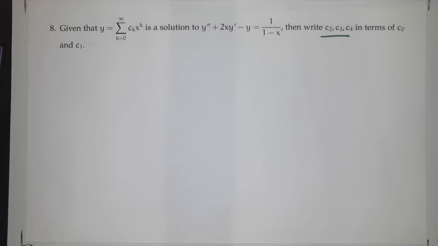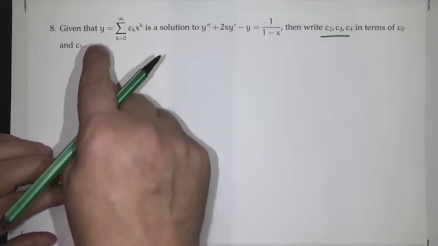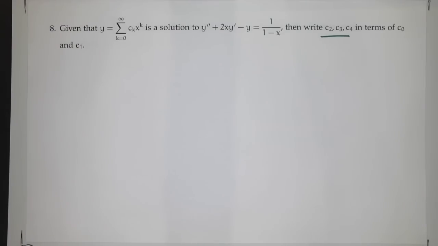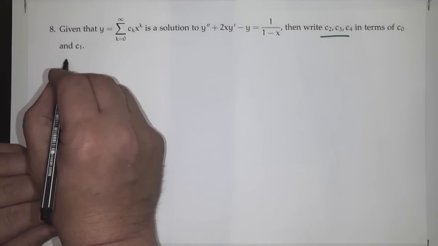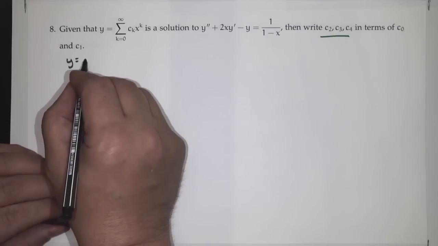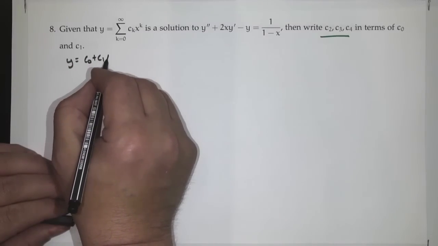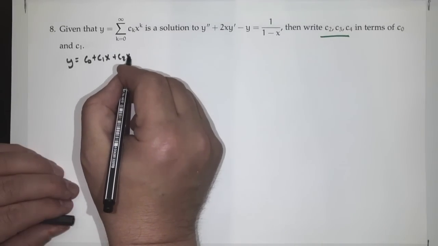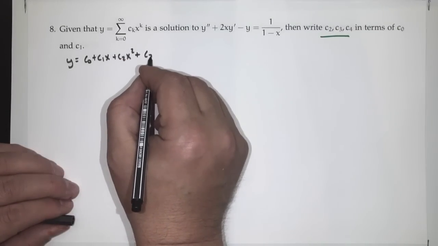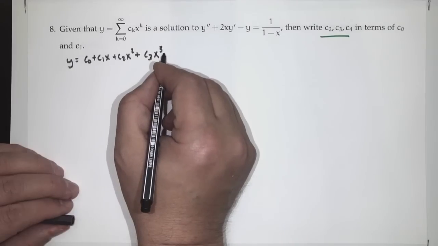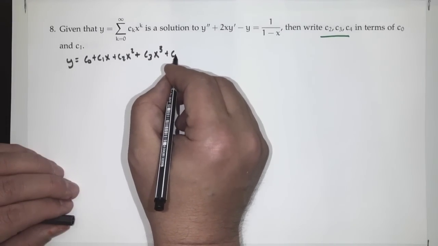So I just need to go far enough so that I get 3 pieces of information. So here's my idea. I shouldn't claim it as my idea. People have been doing this for a very long time. But here's the way I like to approach it. Say, okay, let's say that y is c0, c1x, c2x squared, c3x cubed, and c4x to the fourth.